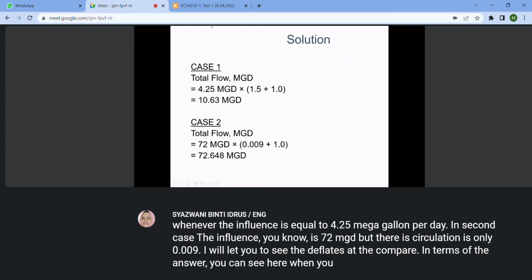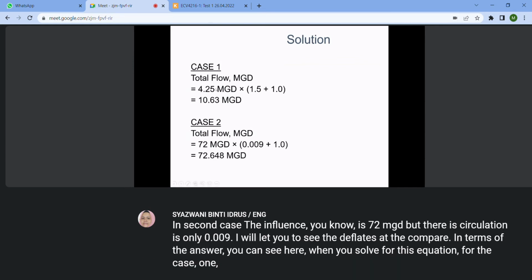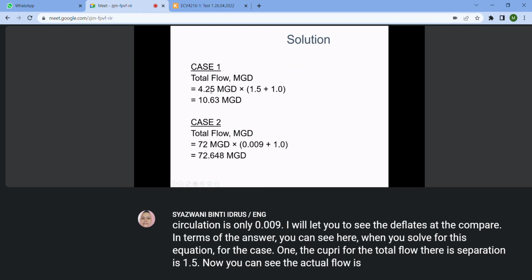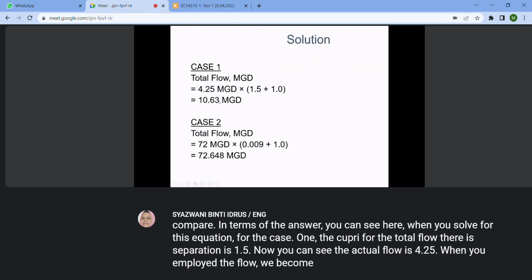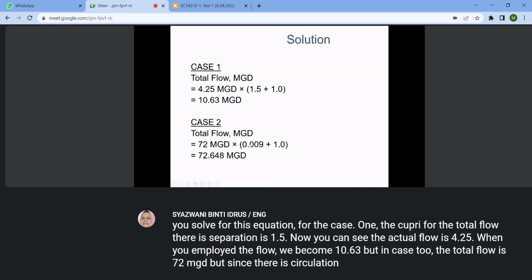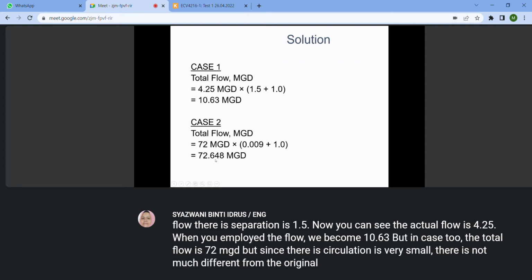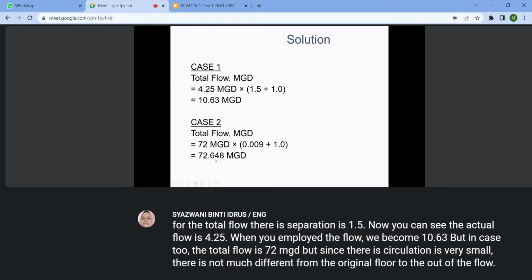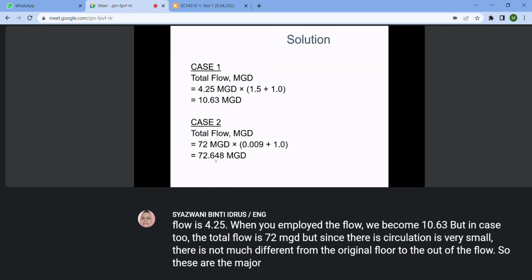When you solve the equation for case 1, the recirculation is 1.5, the actual flow is 4.25, and when you employ recirculation the total flow becomes 10.63. But in case 2, the flow is 72 mgd, and since the recirculation rate is very small, there is not much difference between the original flow and the total flow. These are the major differences when we employ recirculation.